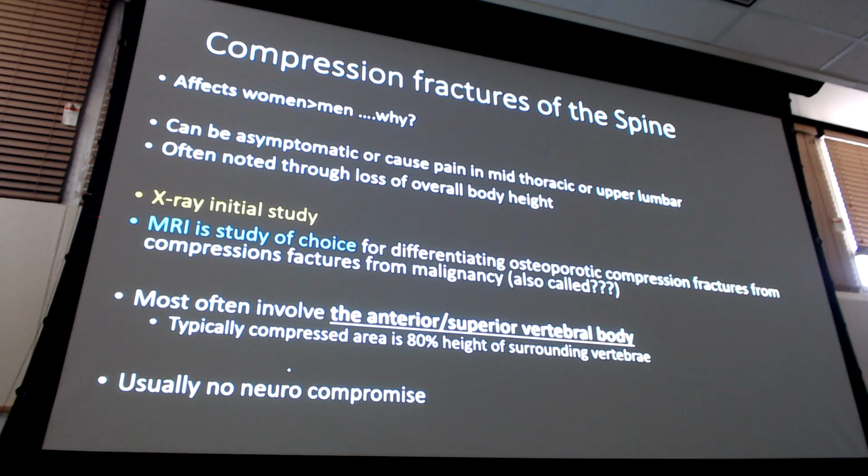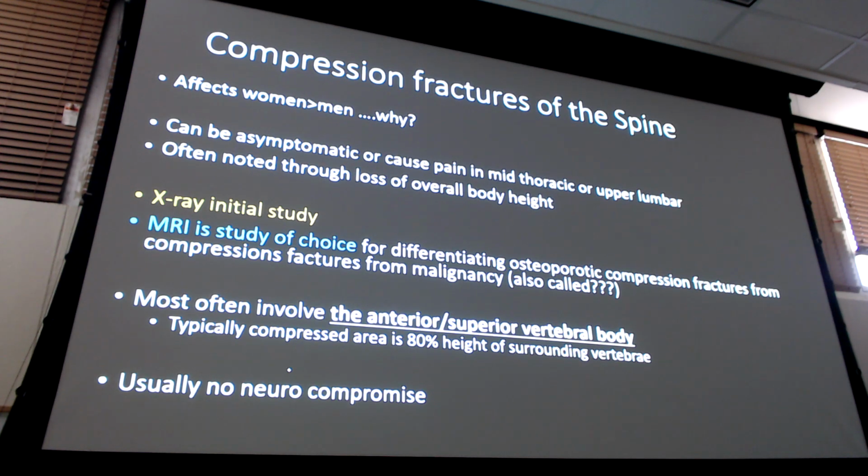X-ray is your initial study, right? MRI is your study of choice. MRI we're going to use only if we feel that we need to distinguish compression fractures from osteoporosis versus some other kind of malignancy, right? I can't tell all the time if it's a cancer in the spine or not from just an x-ray.